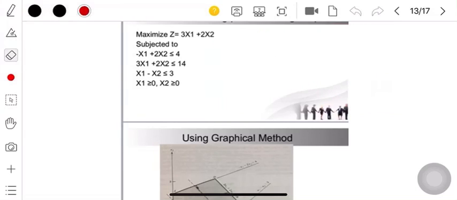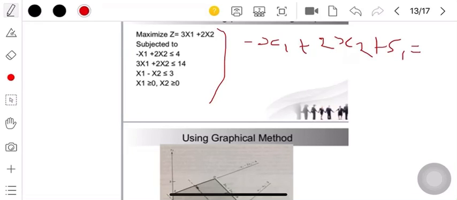First of all, just try to convert this problem into the standard form. Just remove the inequality. In constraint 1 we have to remove the inequality, so it will be minus x1 plus 2x2 plus s1 equals 4, adding a slack variable as I have discussed.